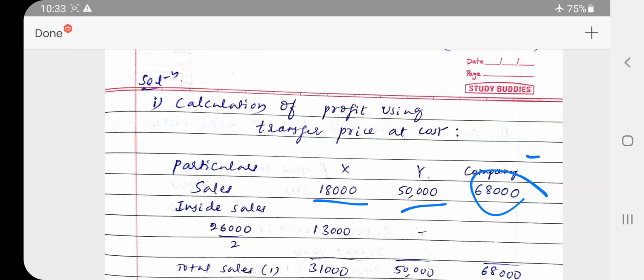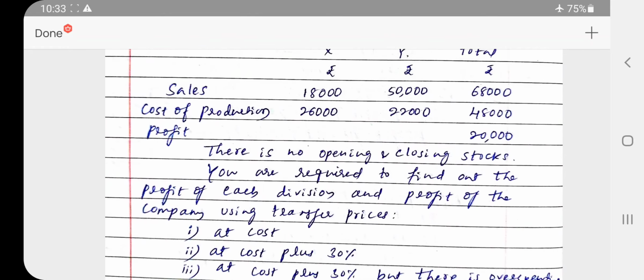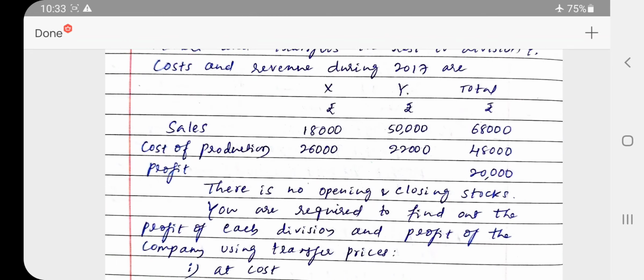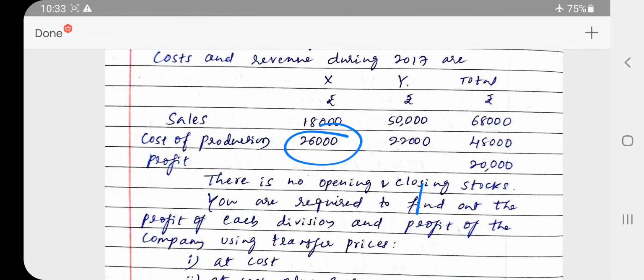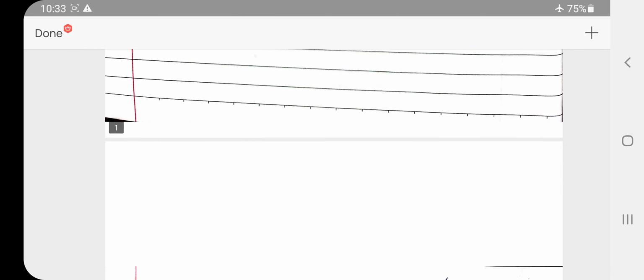Okay, sales. Next, they have asked at cost, transfer price at cost we are doing, so the cost of production for X product, how much is it? Cost of production per X product is 26,000.